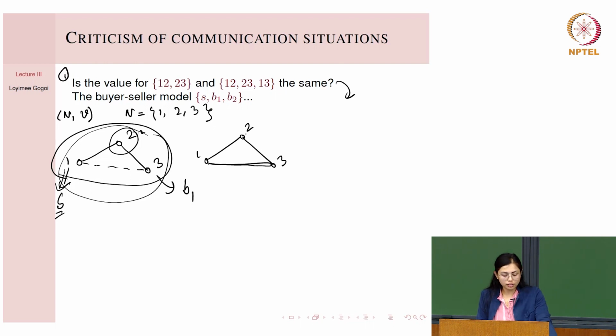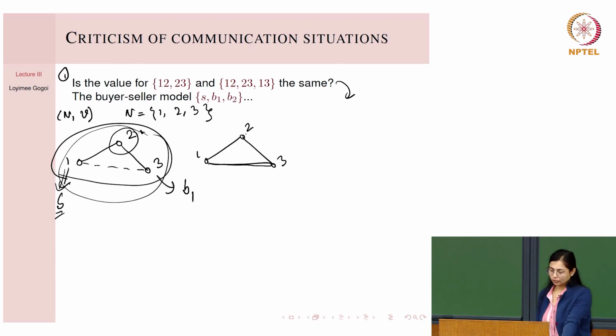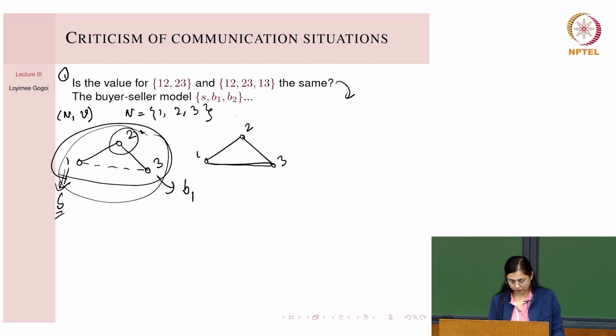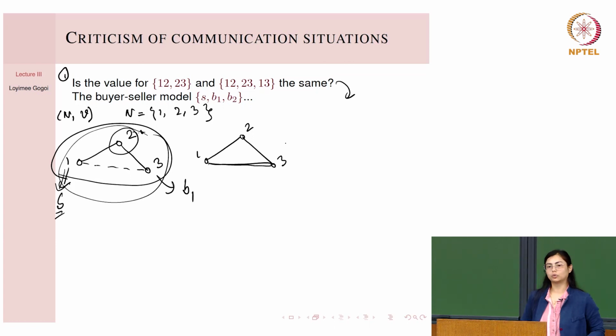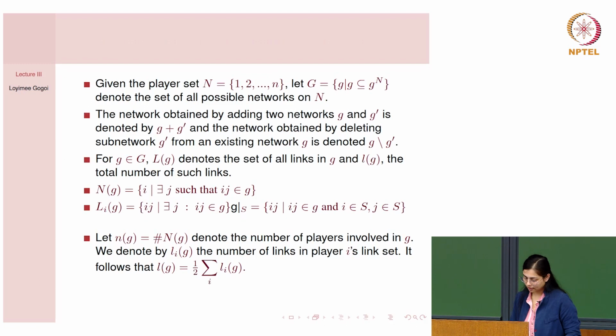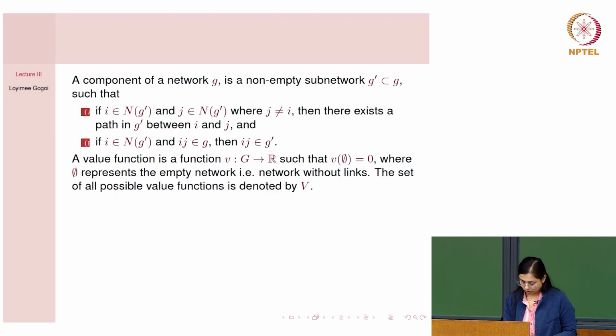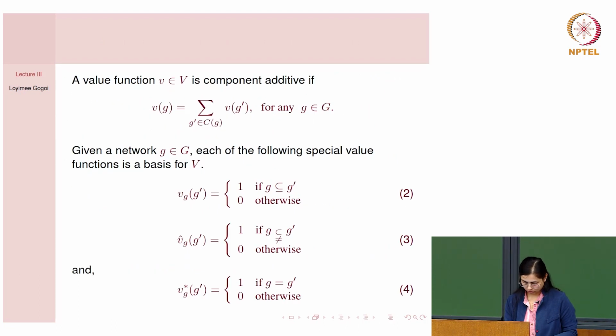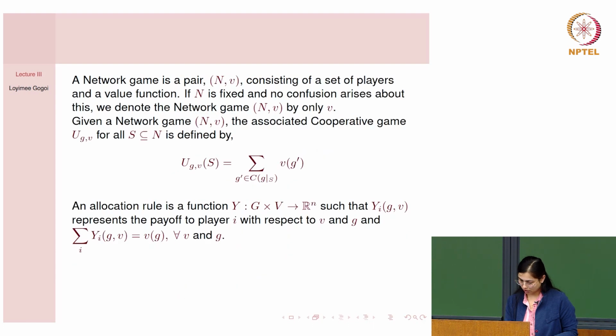So the network structure matters in generating the coalition, the worth of that coalition. It is the definition.